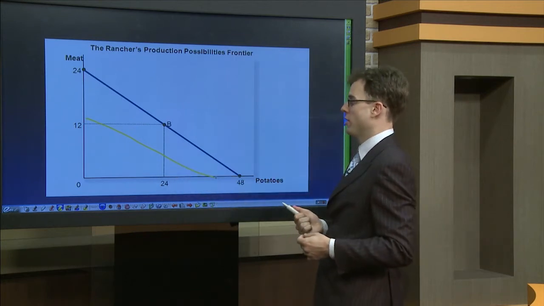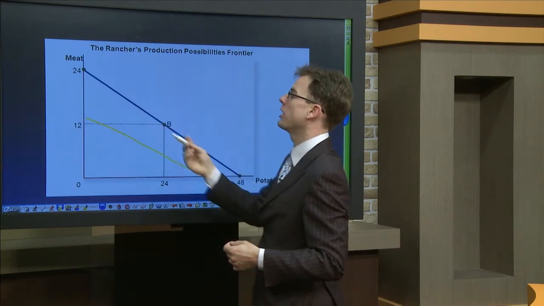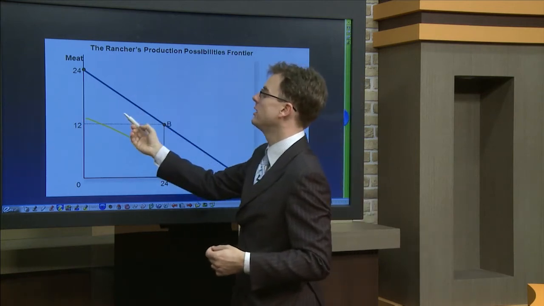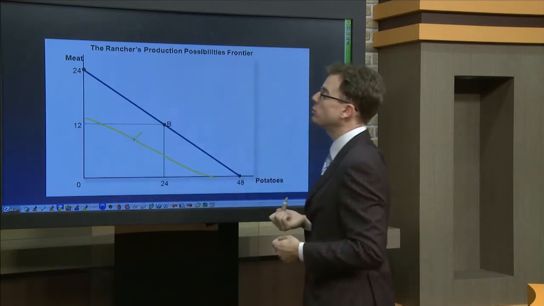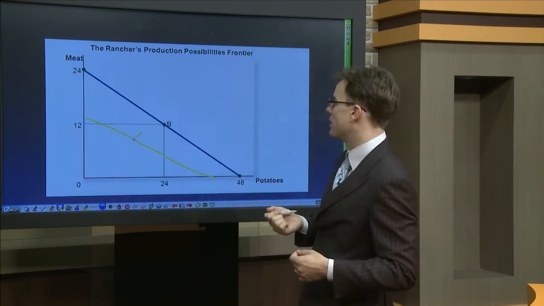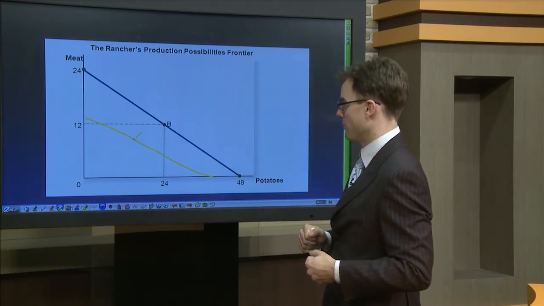meat. And similarly, if the rancher is moving to the left on his production possibilities frontier, he is increasing his production of meat much more, and he doesn't give up the production of potatoes significantly.